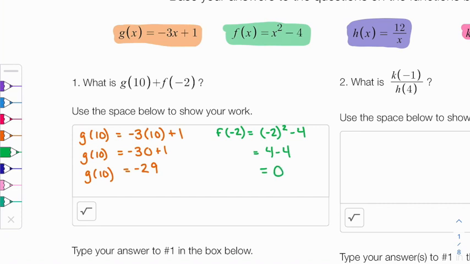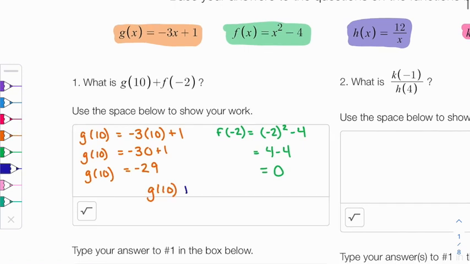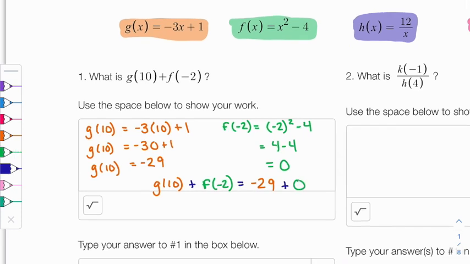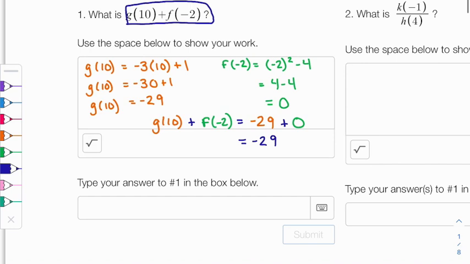So g of 10 plus f of negative 2 is equal to negative 29, because that was g of 10, plus 0, because that was f of negative 2. If I simplify that down, I get negative 29.